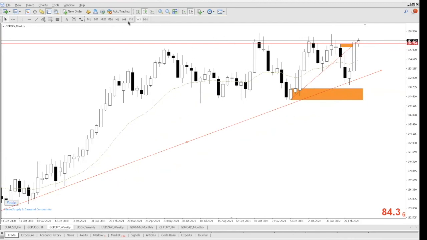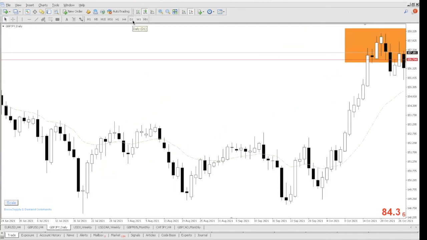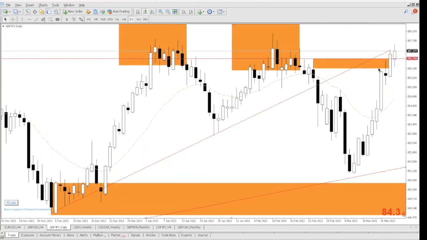So why am I not vouching for this area being strong is because it's been tested multiple times, like 1, 2, 3. So the expectation is for this candle to break through that area, right? So let's go to the daily. Let's see what's happening on the daily time frame with this pair.